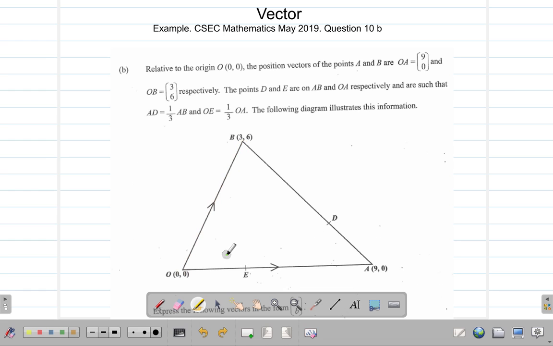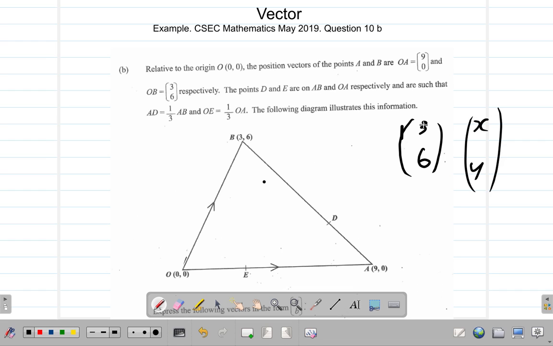What that means, you can move from O to B right along the vector, but you could have moved, remember, it's 3, 6, meaning x, y.